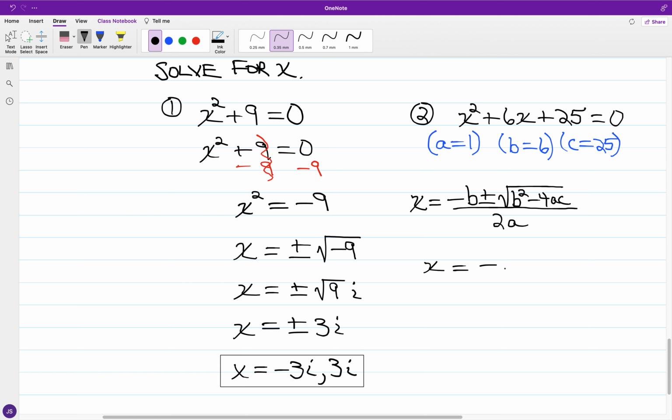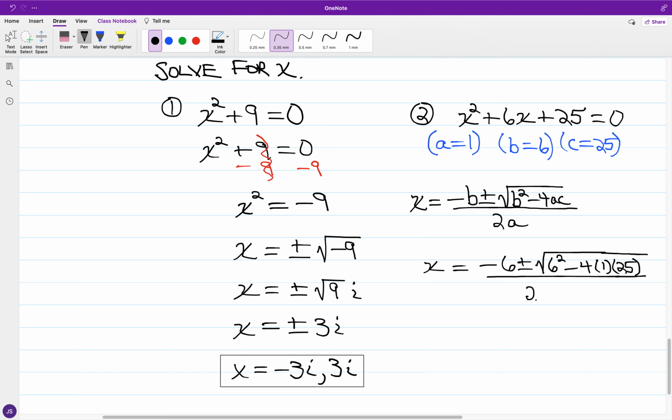Then crossing over to the substitution stage, so you have negative 6 plus or minus. Inside the radical, b squared becomes 6 squared, and minus 4ac, so I have minus 4 times 1 times 25.